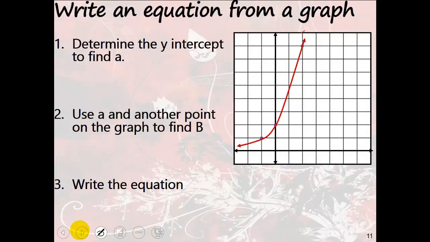All right, so to write an equation from a graph, you have to determine 2 points. I'm going to pick this point here, (2, 8). And then I'm going to pick the y-intercept, which is (0, 2). All right, so we're going to plug in the (0, 2).